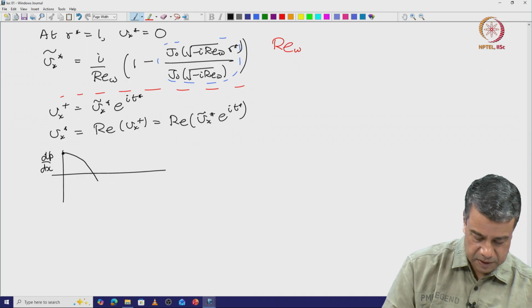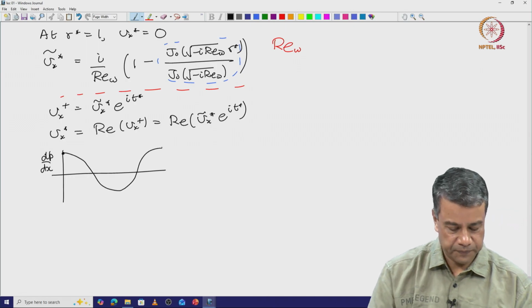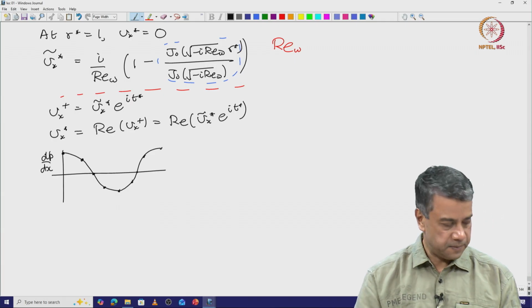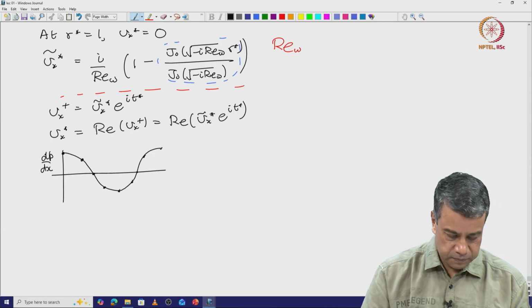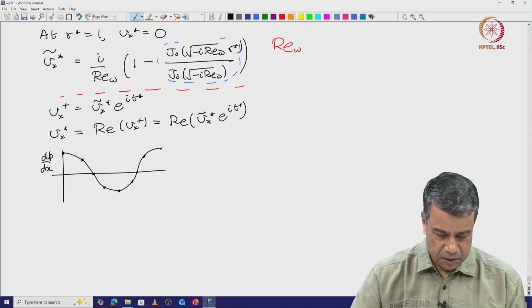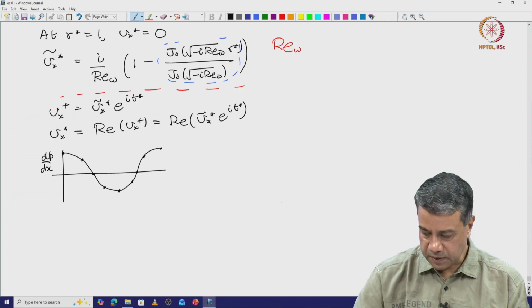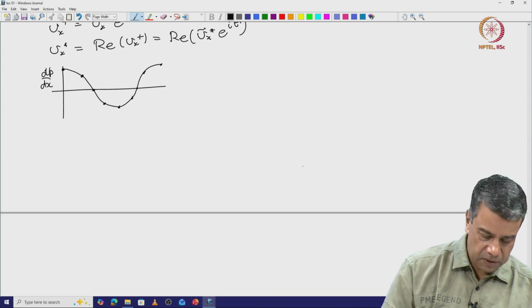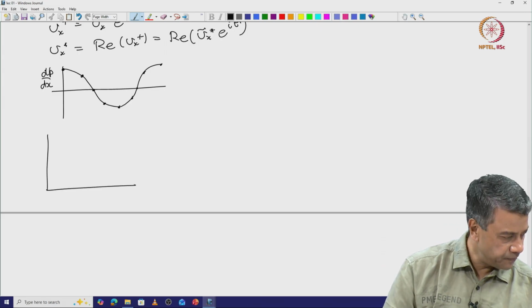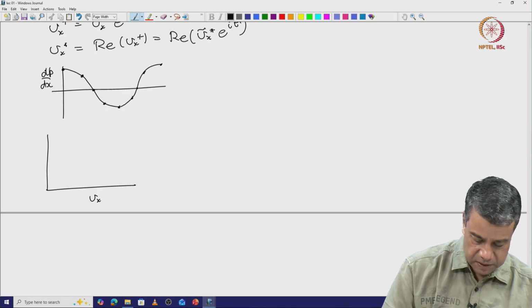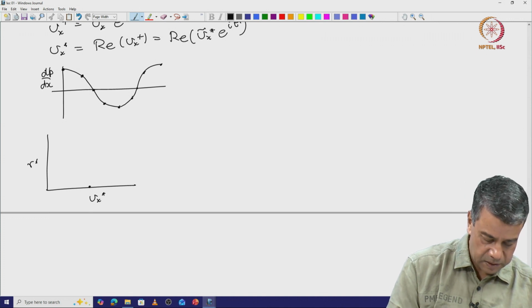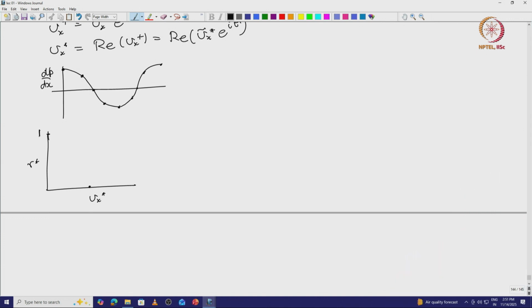It has a sinusoidal variation, and I can consider this at different positions along the sinusoidal variation. If you consider a small value of Re omega, and if I plot Vx star as a function of r star, all the way from r star is equal to 0 to r star is equal to 1.